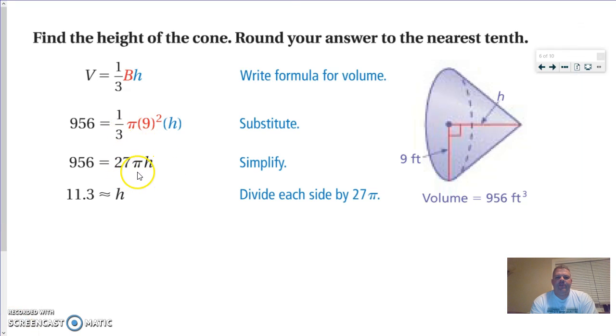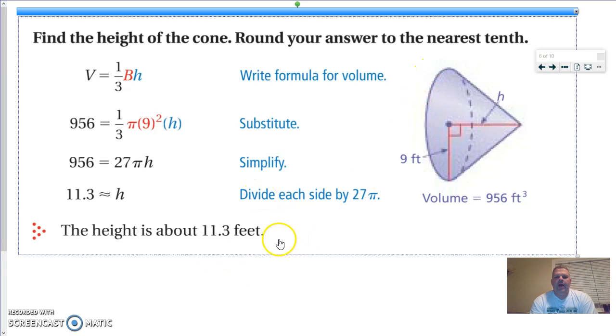Once we get 27 pi, we can divide 956 divided by 27 times 3.14. When we do that, we will get 11.3 is approximately the height. Again, we are rounding to the nearest tenth, so our answer is the height is about 11 3/10 feet.